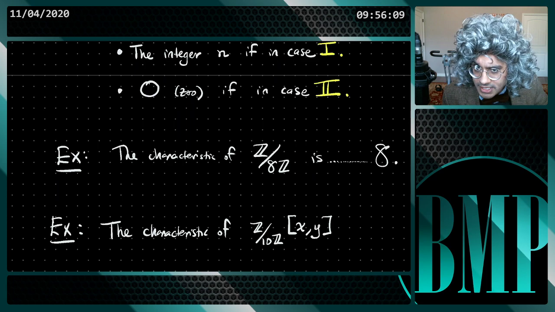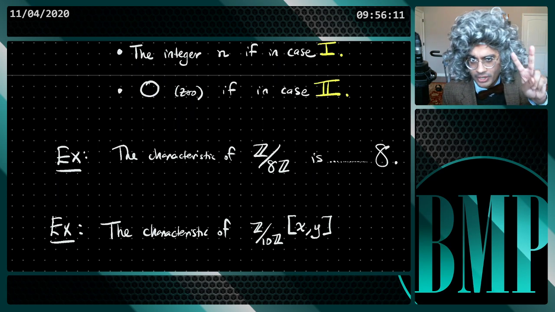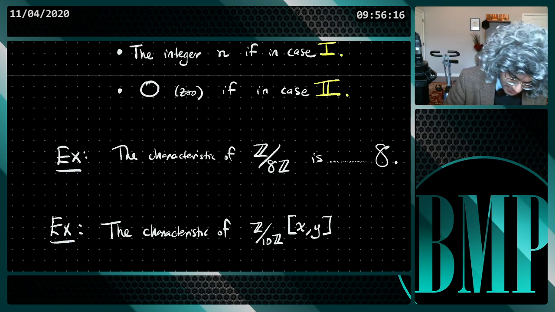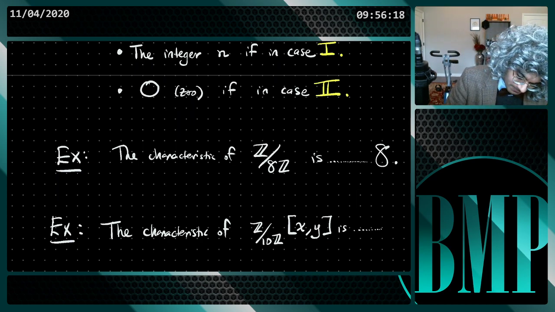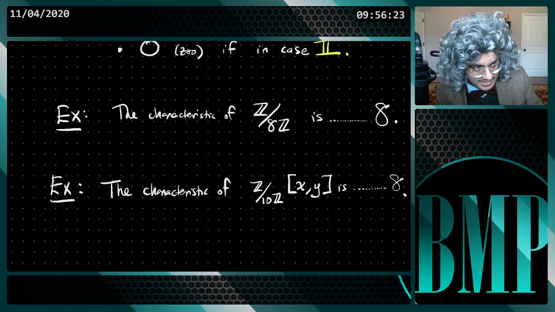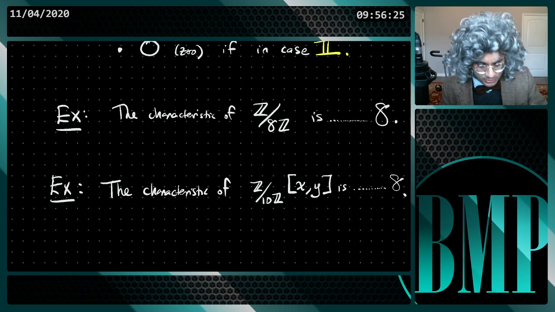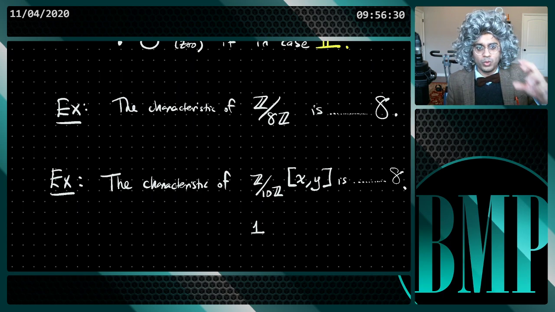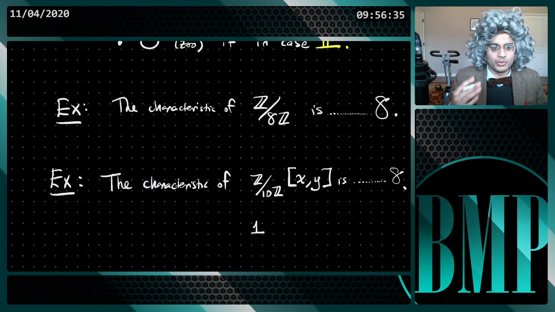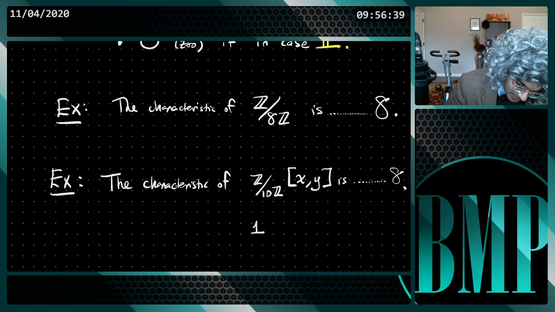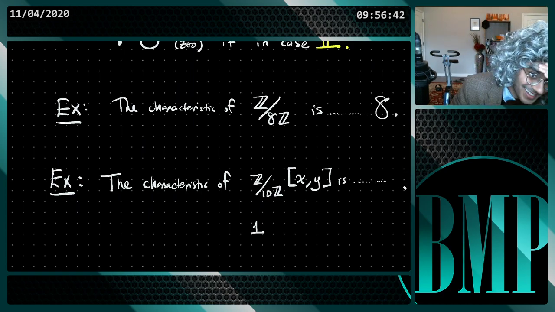Polynomials with Z mod 10Z coefficients, 2 variables, x's and y's. Characteristic of that is 8. Because the identity element, the one element in this ring, is just the constant polynomial 1 times x to the 0th power. So, what's the smallest number of times you add this to get... Oh, 10! 10!